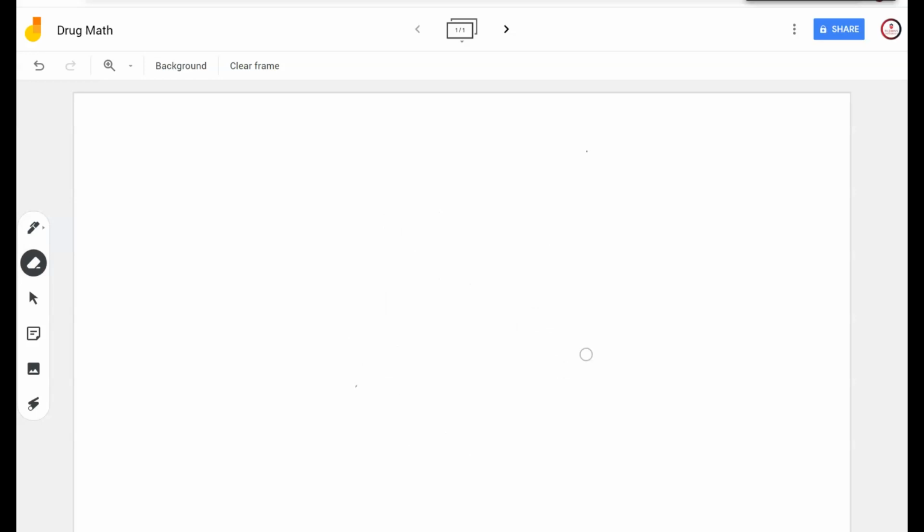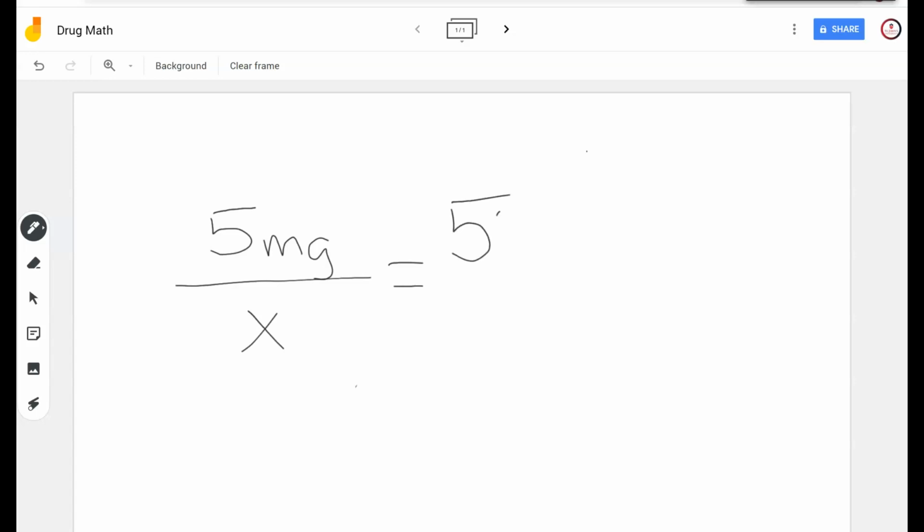So if you were asked to give 5 milligrams, I know algebra guys, algebra, of diazepam, and it comes in 50 milligrams in 10 mLs. Okay. The easiest way would be to cancel out your zeros, but we'll talk about that in a second, because sometimes your math is not so simple.